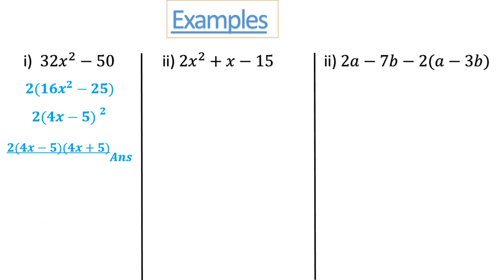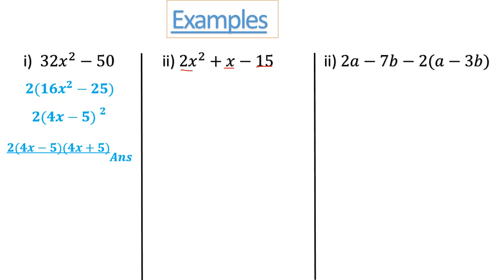Okay, let us proceed to the second question. If you check, there are 3 terms. So this one doesn't qualify to be a difference of 2 squares. But still they are asking us to factorize.